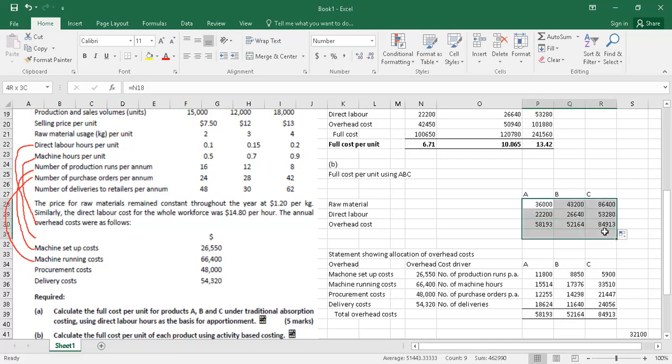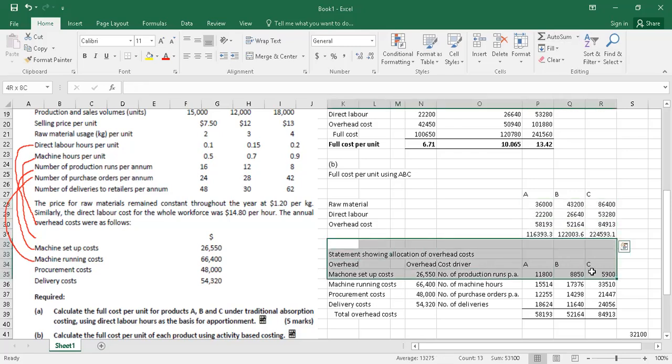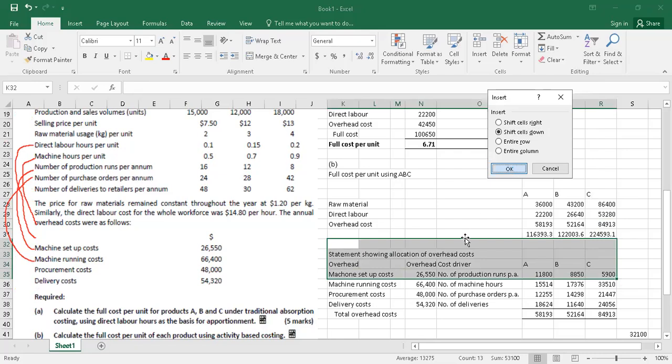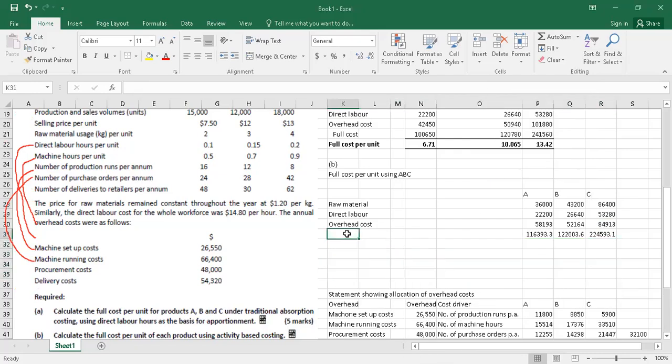Find out what's the total cost. This is the full cost.